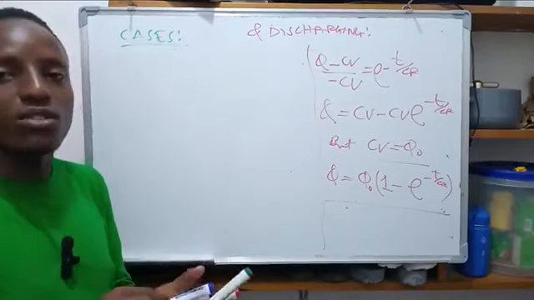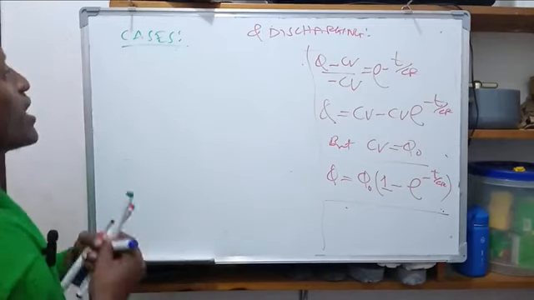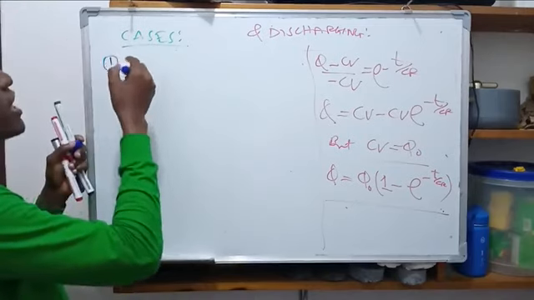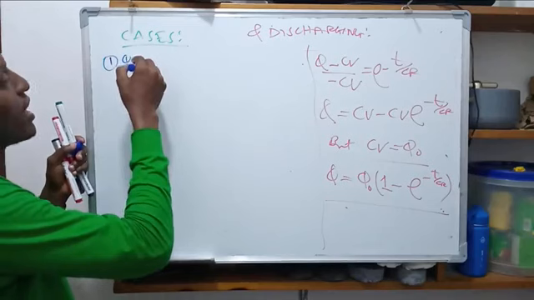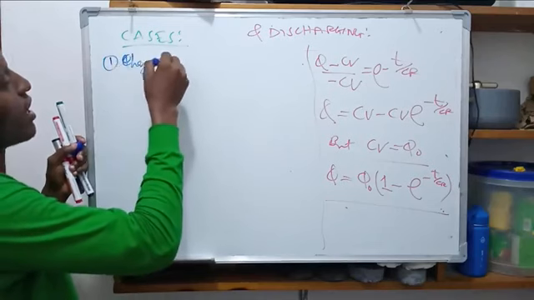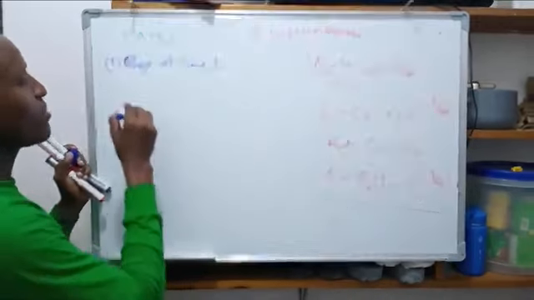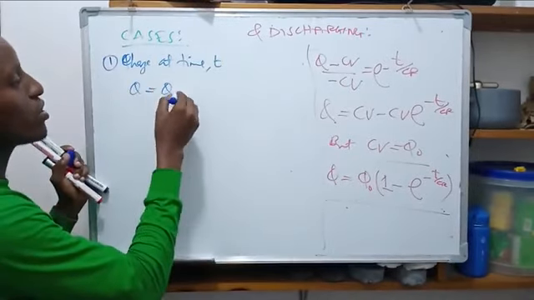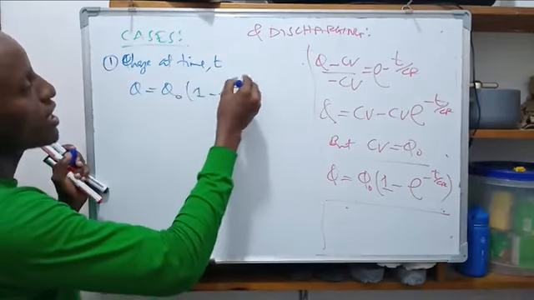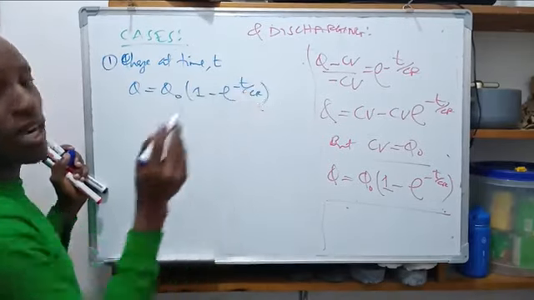One of the first cases to consider is they can ask you what the charge is at time t. They give you a time. So the charge at a given time is given as Q equals Q naught times 1 minus e to the negative T over CR.